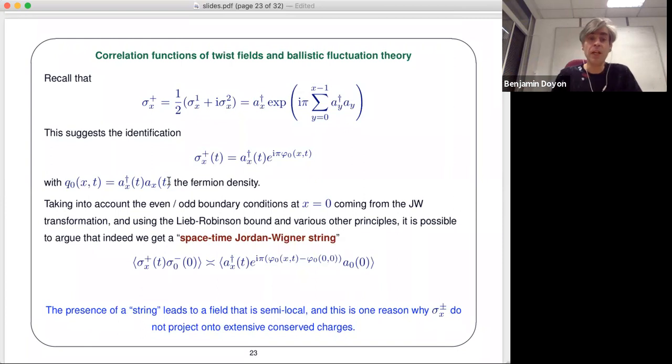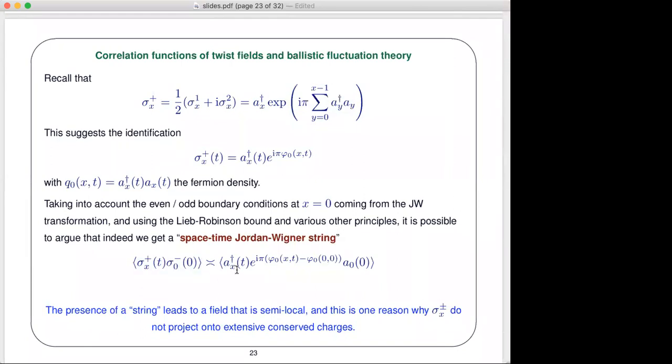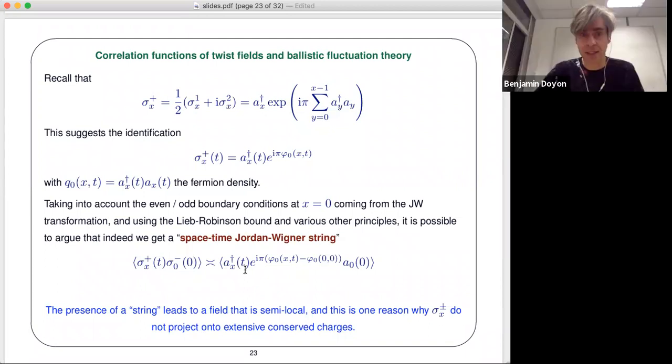Okay. So the Jordan-Wigner string in a space-time two-point function can be rewritten, at least for the leading large space-time asymptotics, as a product of vertex operators up to these fermions at the boundary, some boundary fermions there.